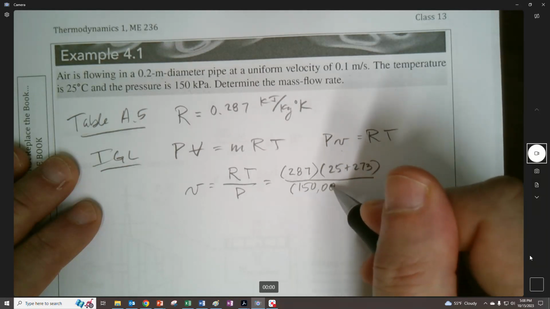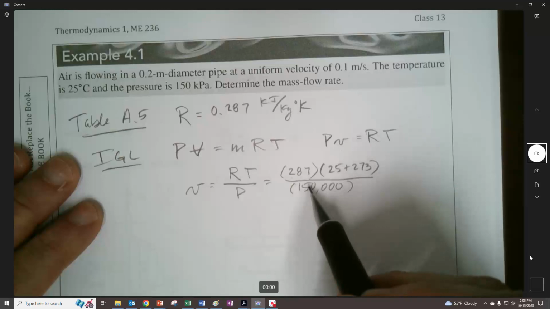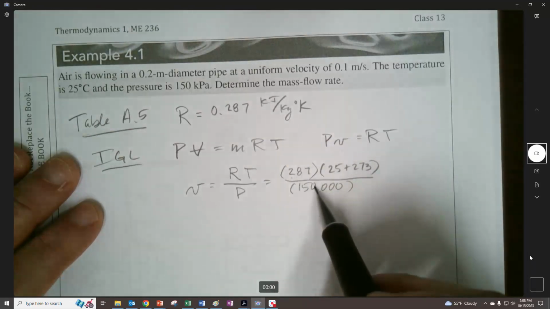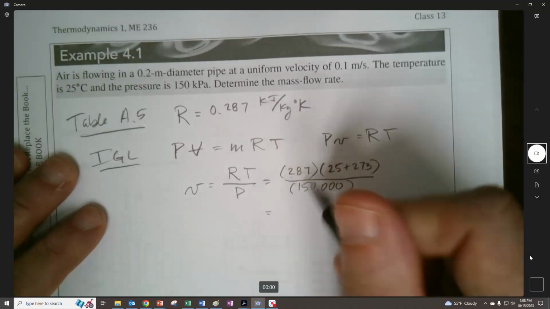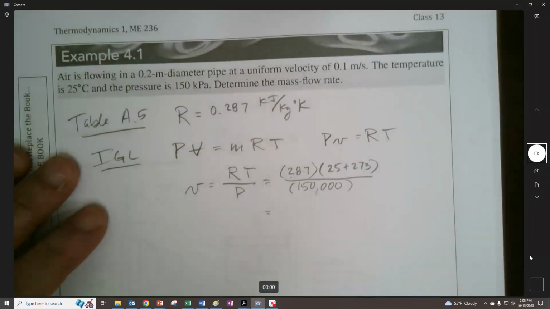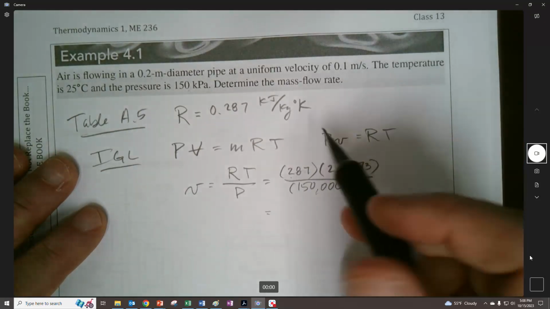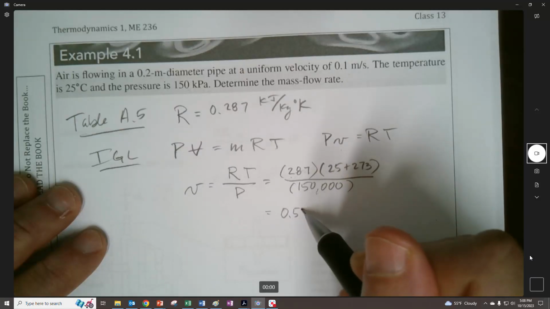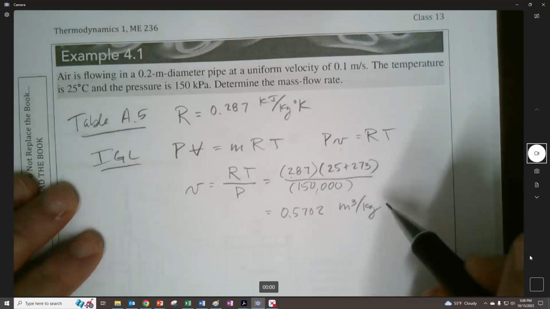Now I recognize that's sort of silly because I multiplied this by 1,000. I got rid of the kilojoules right there, and then I also got rid of the kilopascals right here. So I'm doing it, but they will cancel out. It would be the same thing. You could just use 0.287 and 150 on the bottom, but this is my nod towards how the units work out. So I get 0.5702 cubic meters per kilogram.